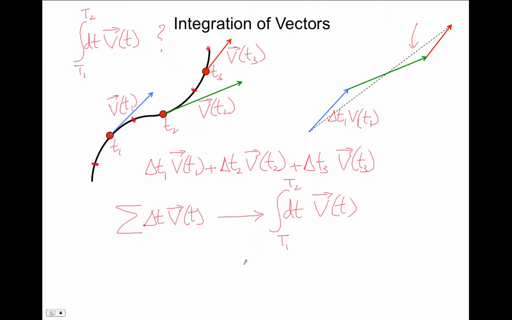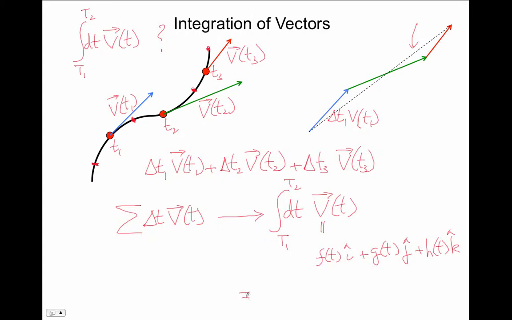You can always write v of t in terms of basis vectors, so we could write this as, let's say, some function f of t times the unit vector i plus g of t times the unit vector j. If this is in 2 dimensions; if it's in 3 dimensions, you'll add h of t times the unit vector k. And of course, I'm taking fixed basis vectors over here. I could have even taken moving basis vectors.